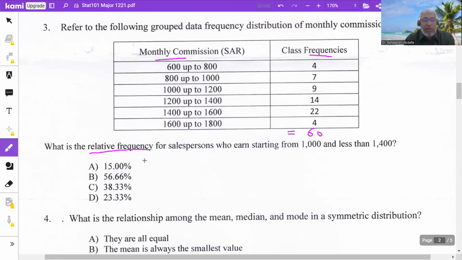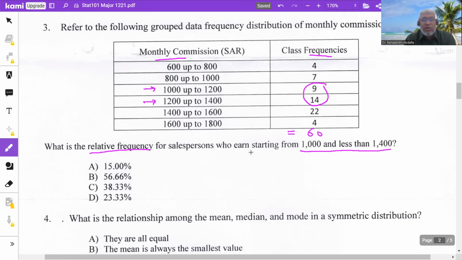He is asking what is the relative frequency for salespersons who earn starting from 1,000 and less than 1,400. So here, from 1,000 up to 1,200, and this is also up to 1,400. He said starting from 1,000 and less than 1,400, so he means both of these two rows.